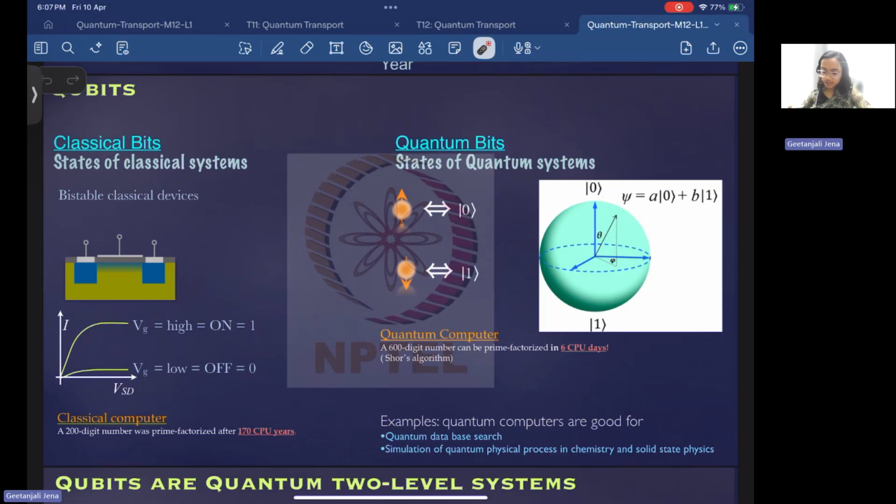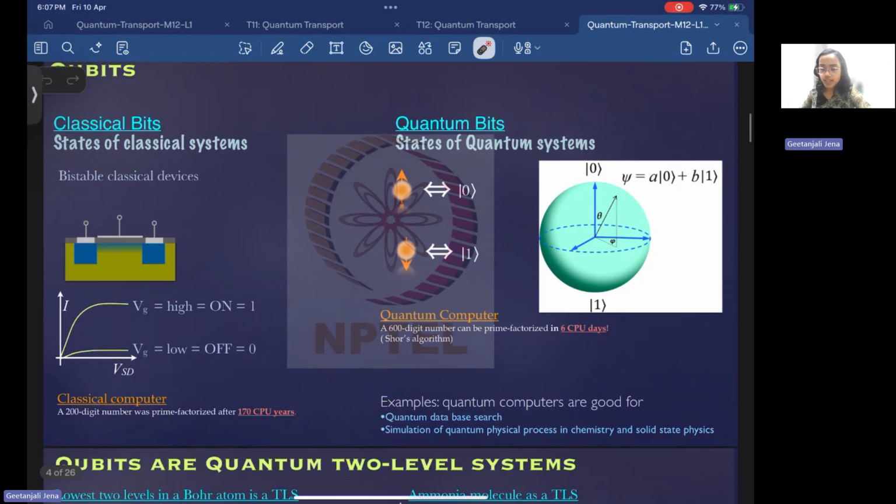Because they are quantum mechanical, they can be in a superposition state. It's not like it can be in only one of the states. In classical bits, it can only be either 0 or 1. But in qubits, it can be 0 or 1, or a superposition of 0 and 1.